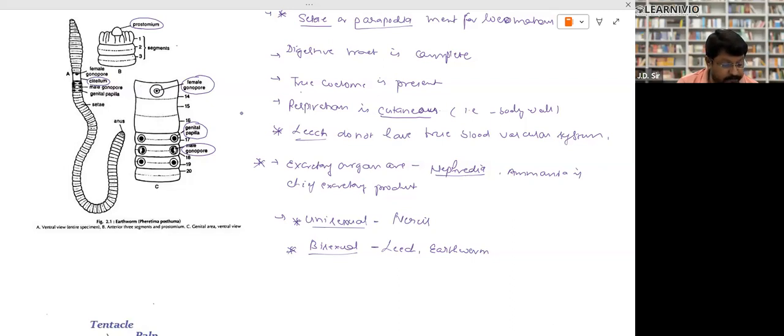Blood plasma. So, did you get this point or not? Yes, got it or not?